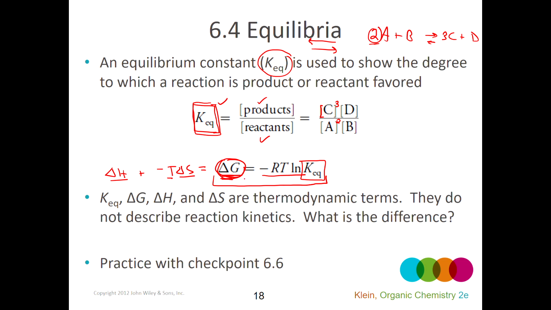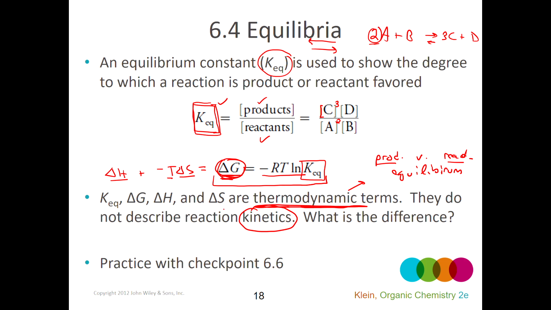And all of these terms are thermodynamic terms. So thermodynamics is all about products versus reactants. It's all about equilibrium. When the reaction reaches equilibrium, I've got more products or more reactants. None of these terms relate in any way to how quickly the process will reach equilibrium.